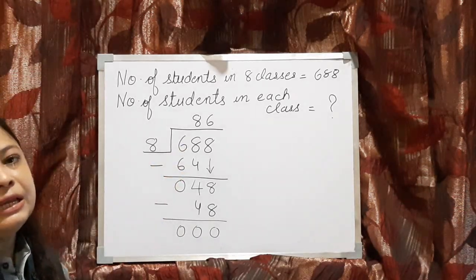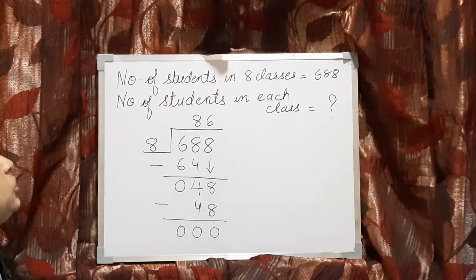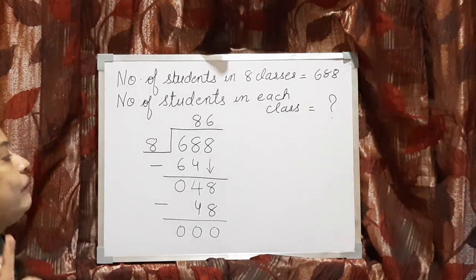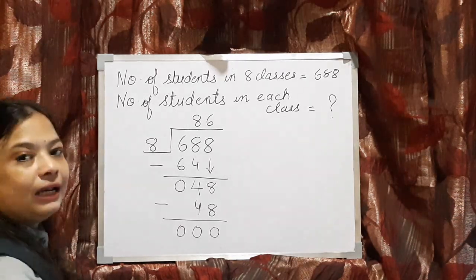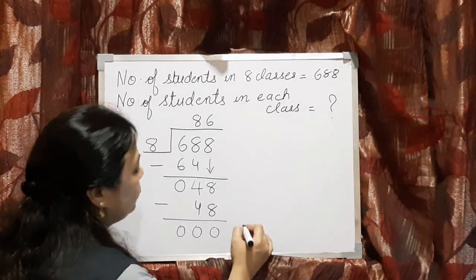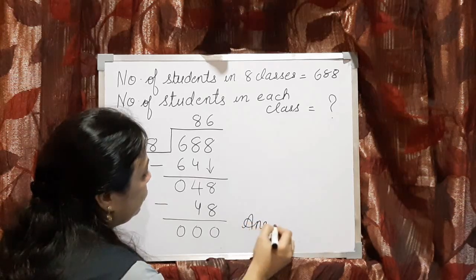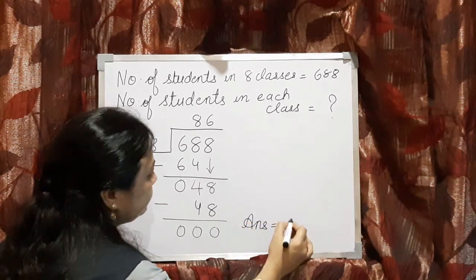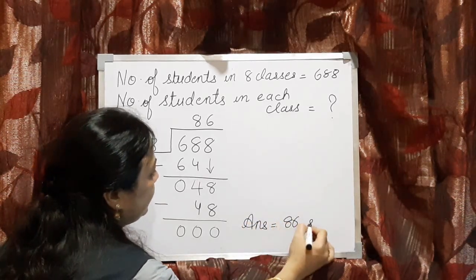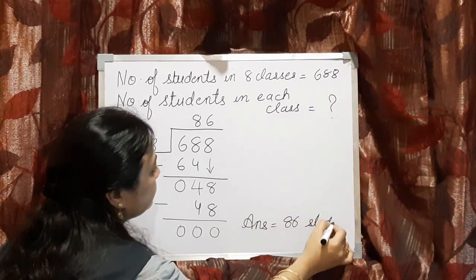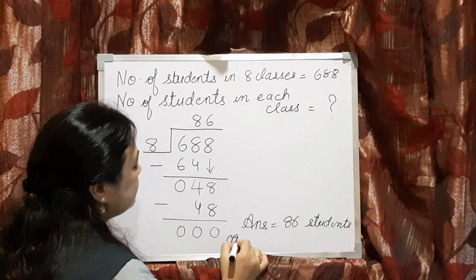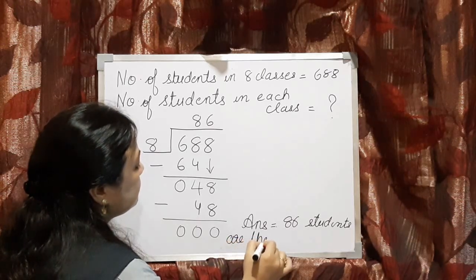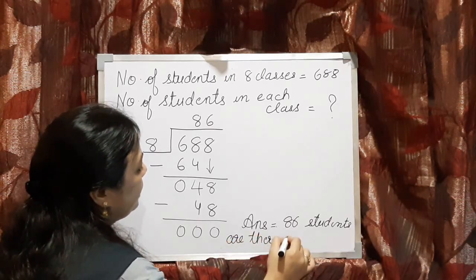Our answer is 86. So in one class, how many students are there? In one class, 86 students were there. So in the answer, you will write down 86 students are there in each class.